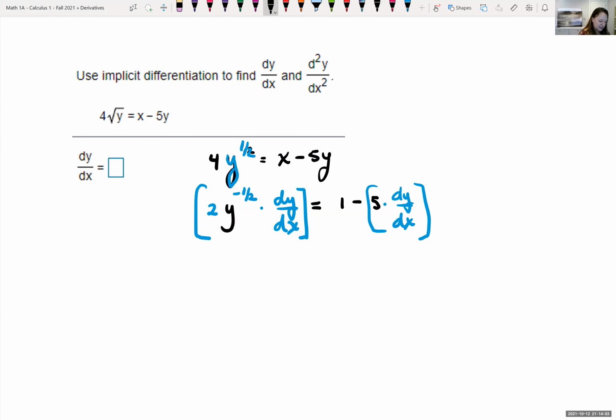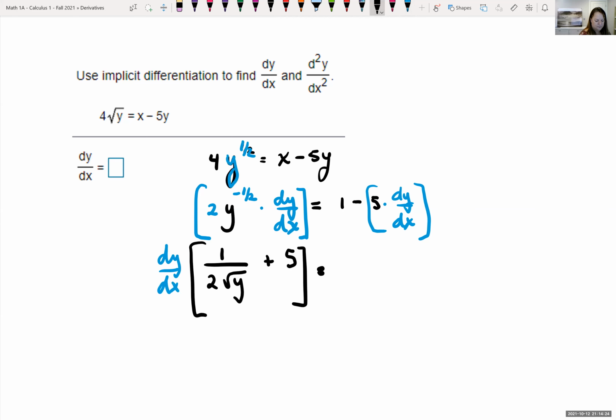So this is the same thing as 1 over 2 square roots of y. Adding that 5 dy/dx to both sides, and then pulling dy/dx out of both of those terms, is just equal to x.